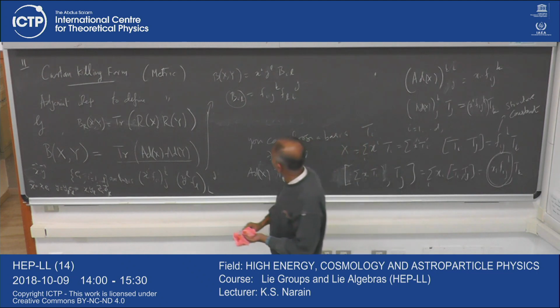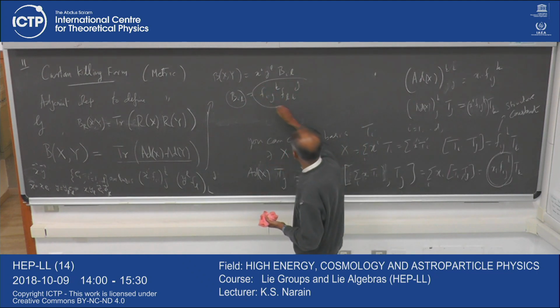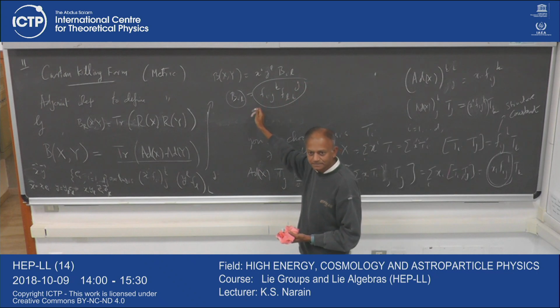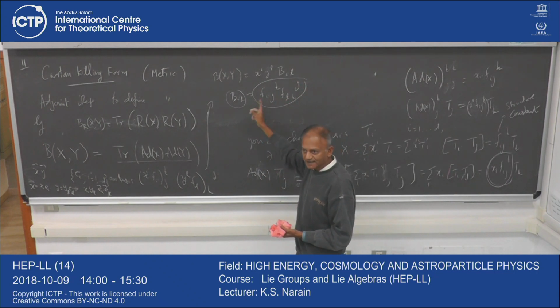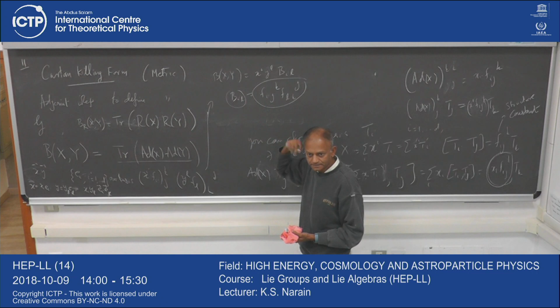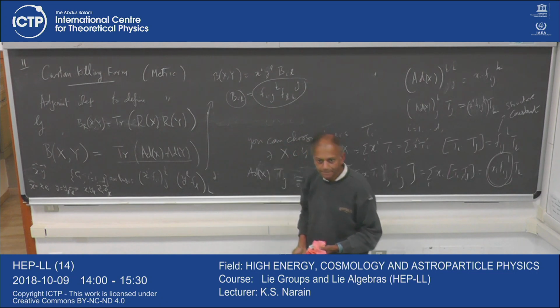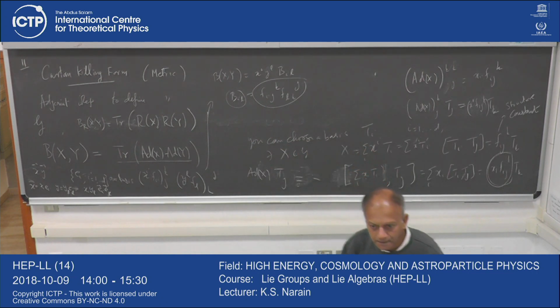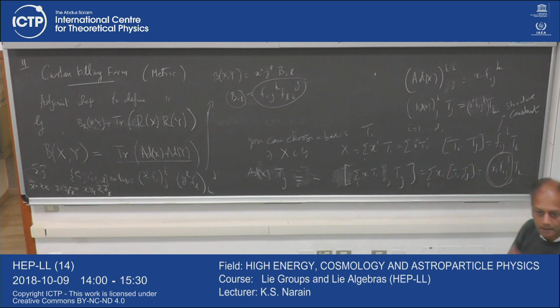The crucial point is that this formula entirely depends on the structure constants. It's quadratic in the structure constants in this particular way. We said that choosing a different basis will change the structure constants, so does the metric change? The metric itself, B of XY, doesn't change.